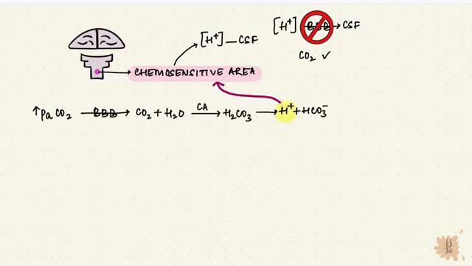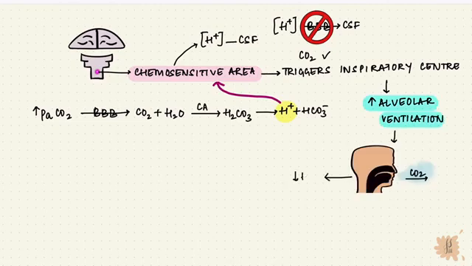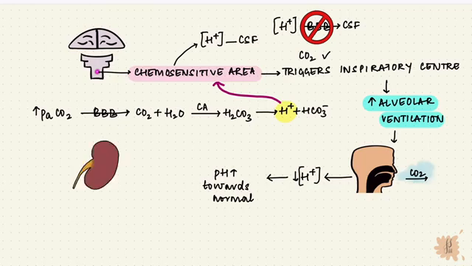These hydrogen ions trigger the inspiratory center, which increases alveolar ventilation. So there's removal of the excess carbon dioxide, lowering the hydrogen ions and normalizing the pH. This effect fatigues in 1 to 2 days, when the kidneys take over and increase hydrogen ion secretion and bicarb reabsorption.